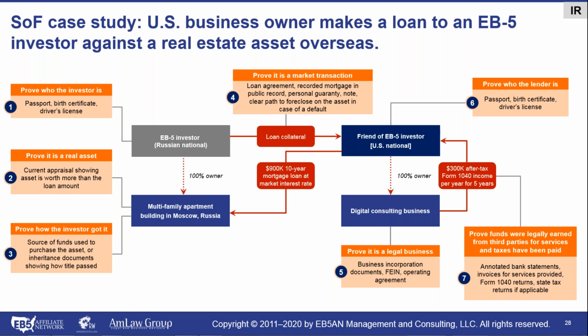No, it's a traditional mortgage, 10-year term, and you're charging LIBOR plus 300 basis points or some fixed reasonable interest rate given the type of collateral and the risk that's involved, right? It has to make sense, right? So that's kind of generally how you want to think about and approach the source of funds process.